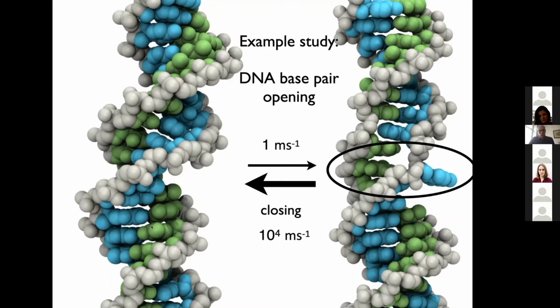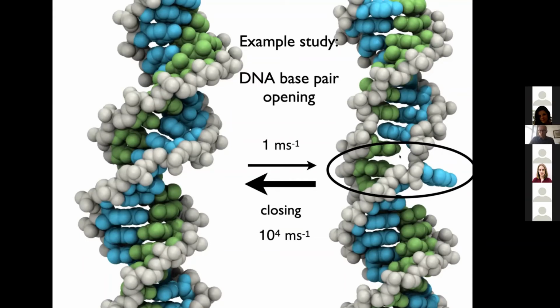If information needs to be read off of DNA or something needs to happen to it, it needs to open up, because otherwise the base pairs are inaccessible to anything wanting to inspect or correct something. So all the interesting things happen when the base pairs open in some way.